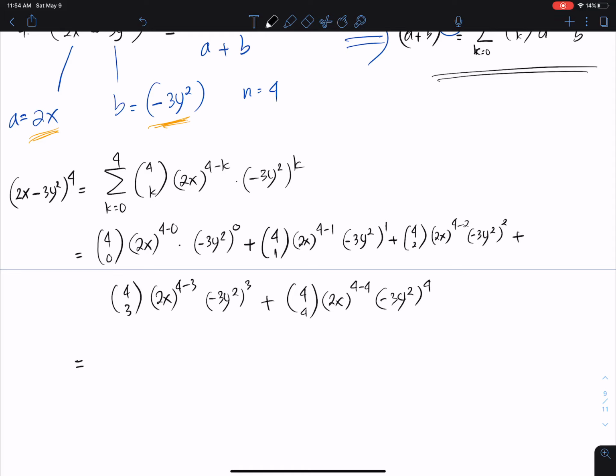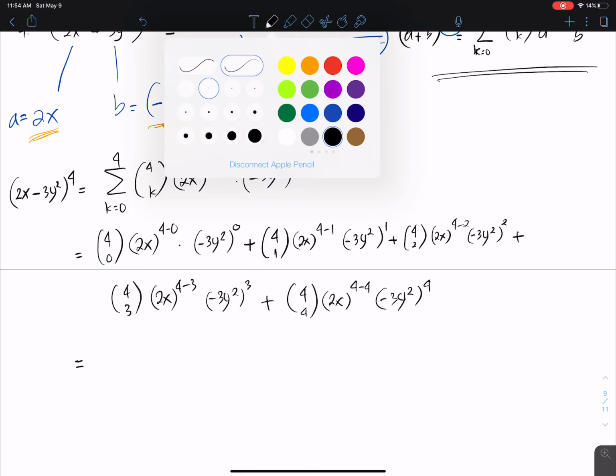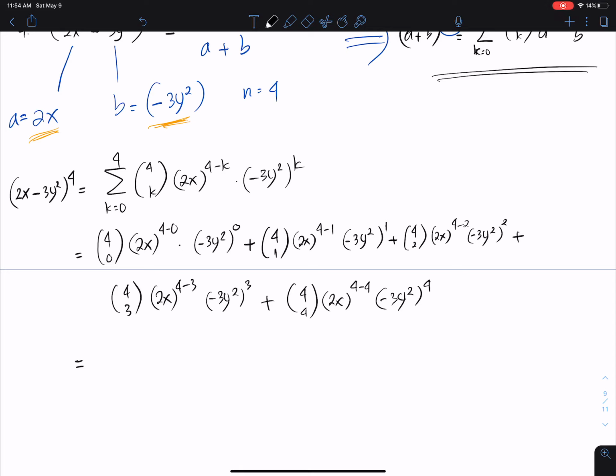We will start with the first term, combination 4 0. You know combination 4 0 must be 1; you can check with a calculator.